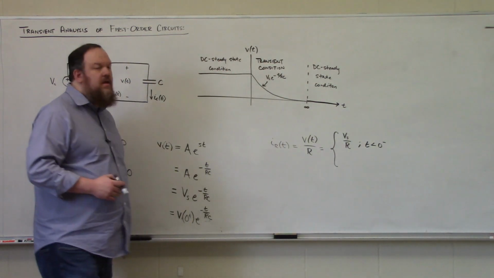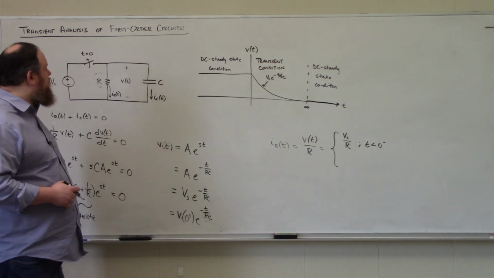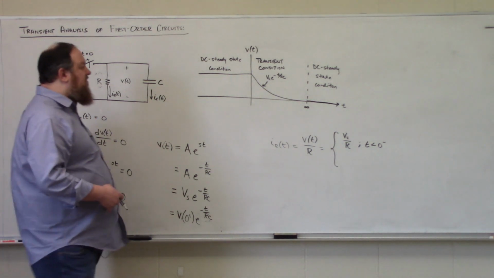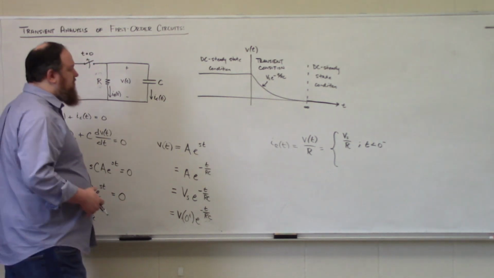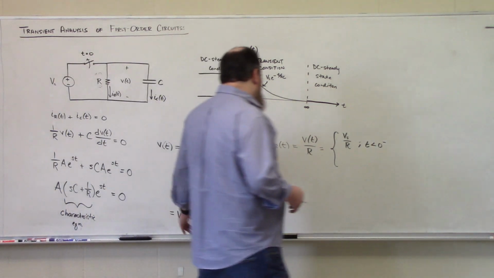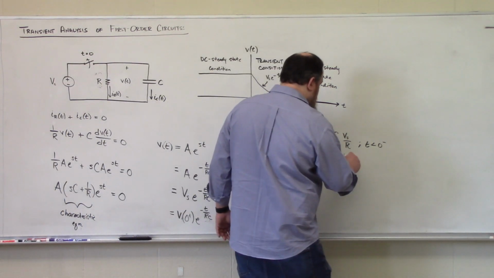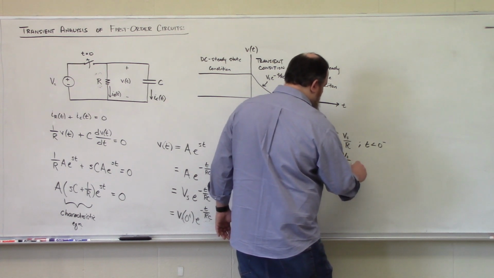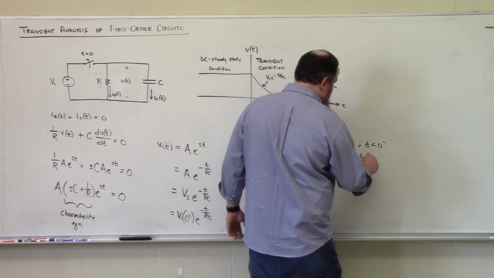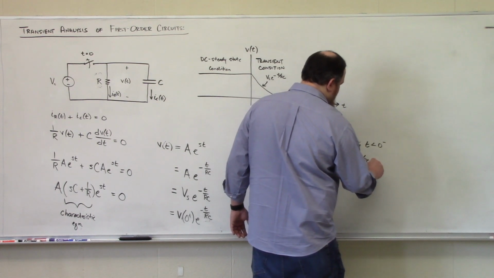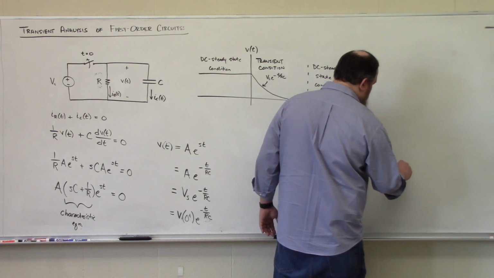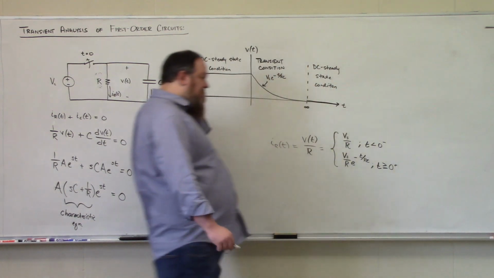So we're saying the current flowing through our resistor was just Vs divided by the resistor value. It was a constant value for all time before our switch opened, and for all time after our switch opened, it's going to look like Vs divided by R, e to the minus t divided by RC for t greater than or equal to 0 plus.